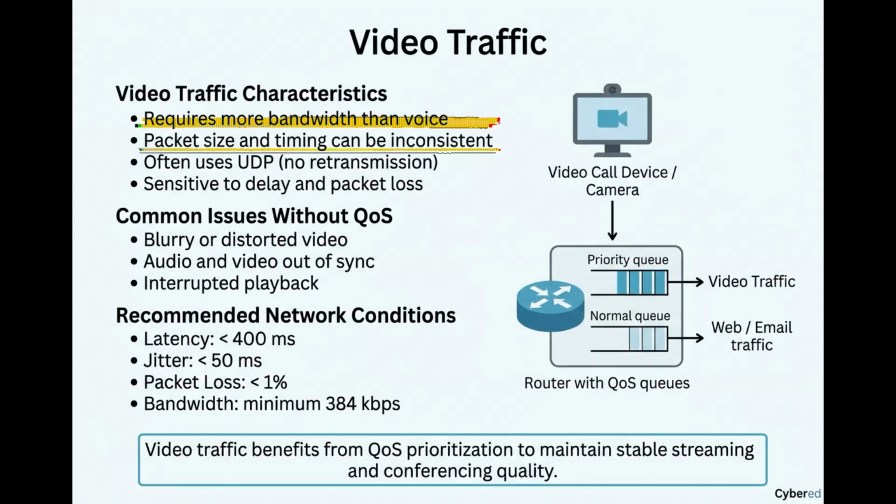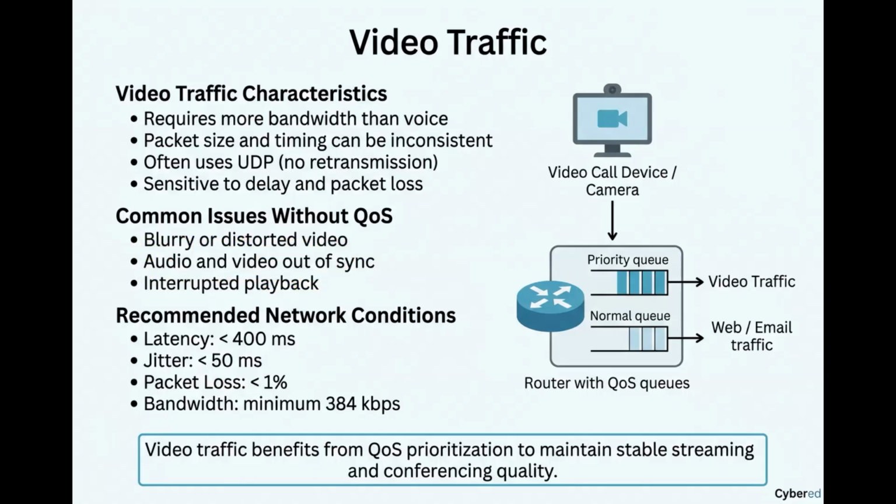Video traffic requires significantly more bandwidth than voice and can be inconsistent in packet size and timing. Like voice, video often uses UDP, which means packet loss is not retransmitted. Without QoS prioritization, video streams may experience blurry or distorted images, out of sync audio and video, and interrupted playback.